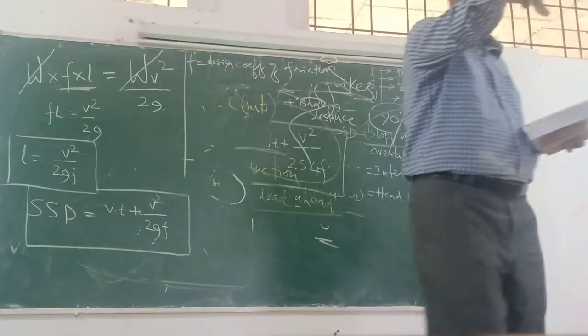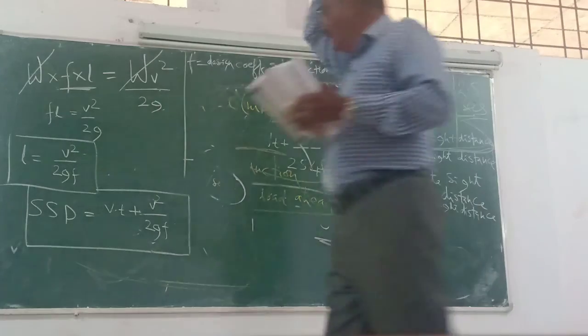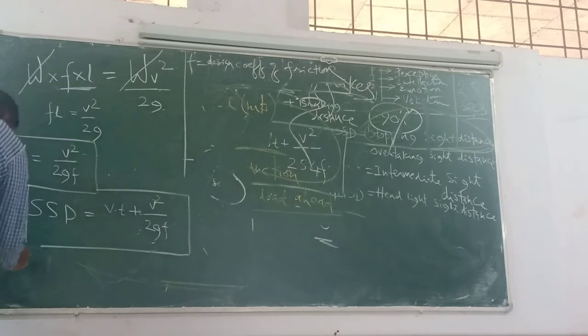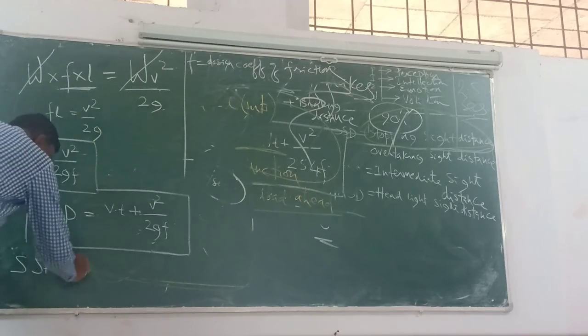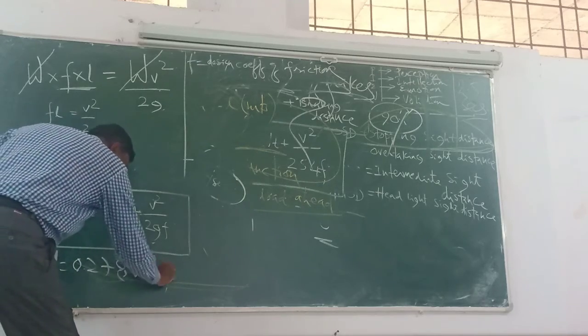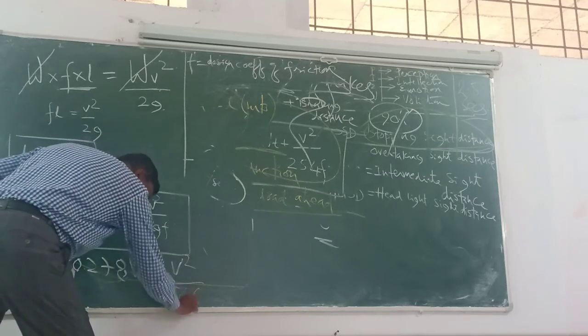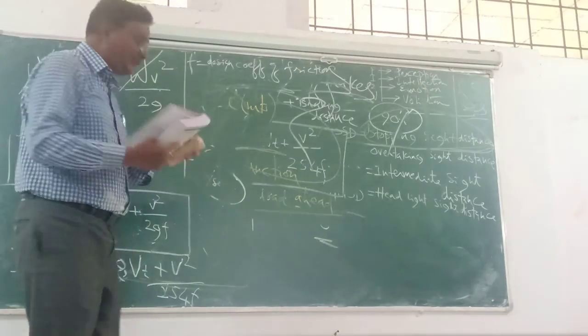Now you write: if the speed is in kilometer per hour, my formula will come right now. SSD equals 0.278 big V into T plus big V square divided by 254 into F. You can do it by your calculation.